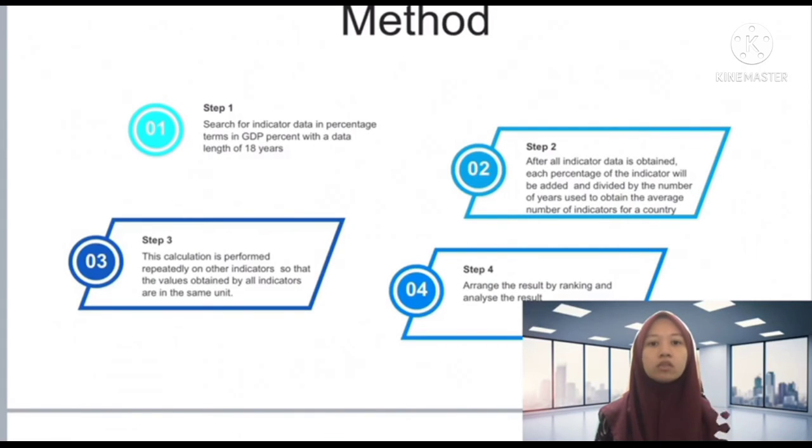Step 2, after all indicator data are obtained, each percentage of the indicator will be added over all the years and divided by the number of years observed to obtain the average number of the indicator. Step 3, repeat the process so that the values obtained for all indicators are in the same unit. And step 4, arrange the result by ranking and analyze the data.